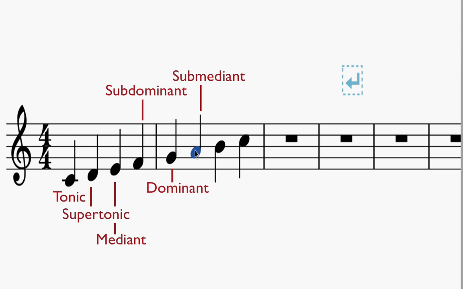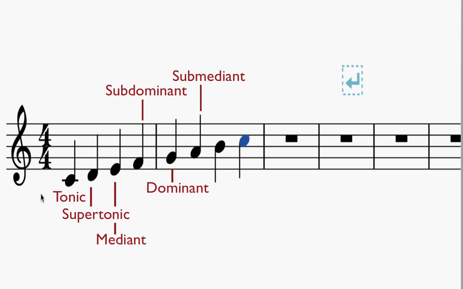Submediant is 6. So submediant, it doesn't make a lot of sense. It kind of does if you think about it. So 3 is our mediant, right? This mediant is 3 scale degrees above tonic. In the same way, submediant is 3 below tonic.